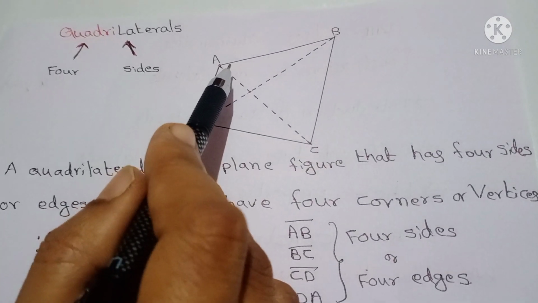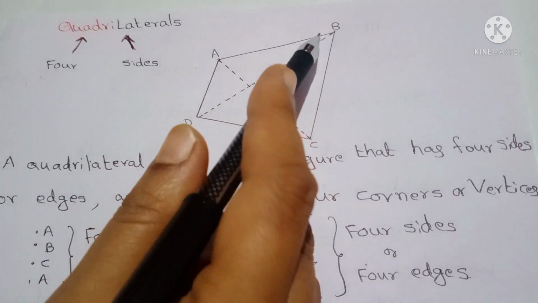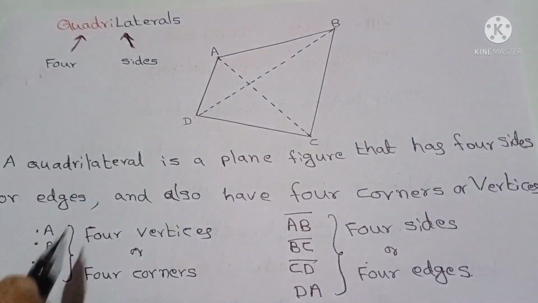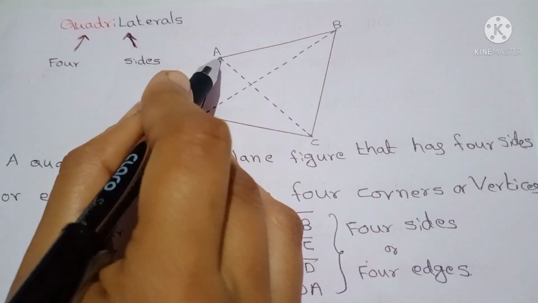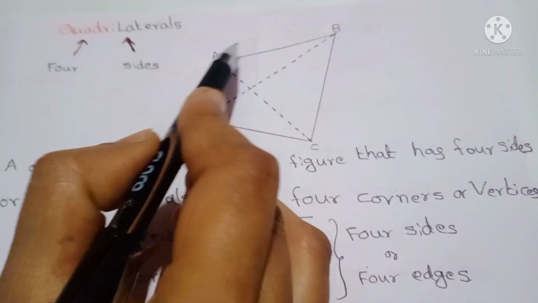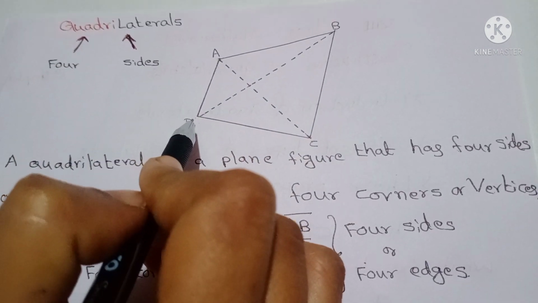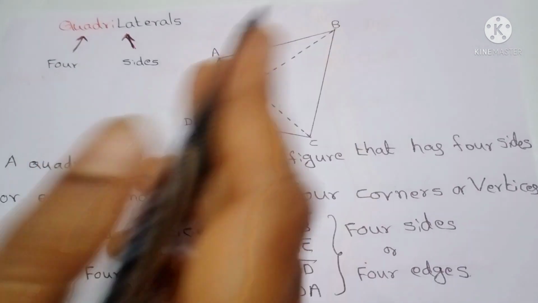A quadrilateral has 4 angles. Angle A means angle BAD or DAB.